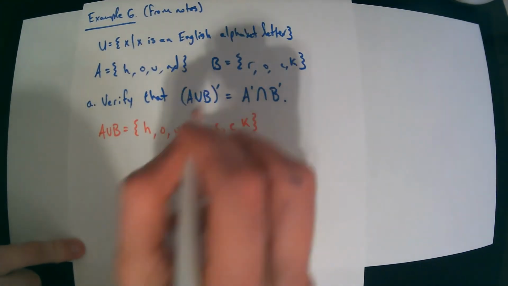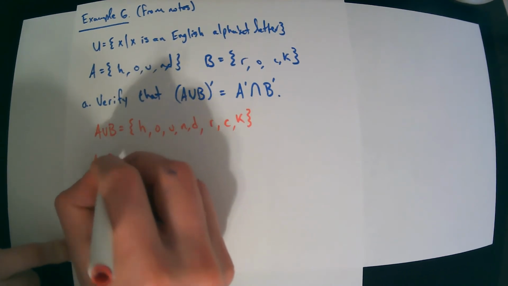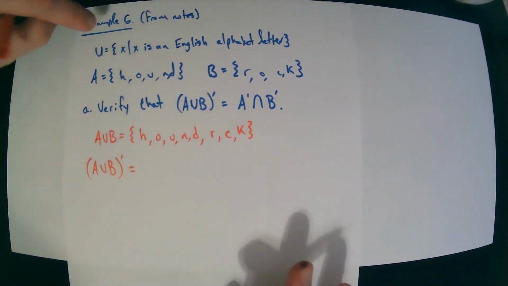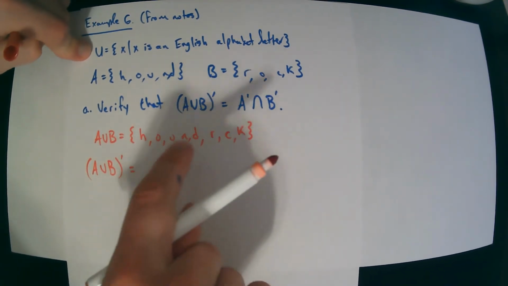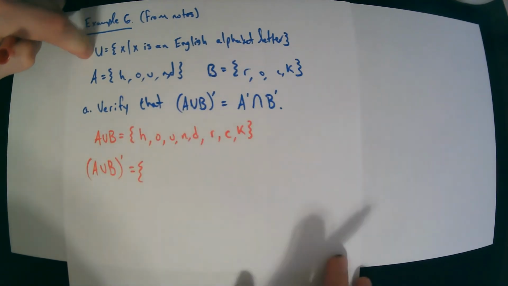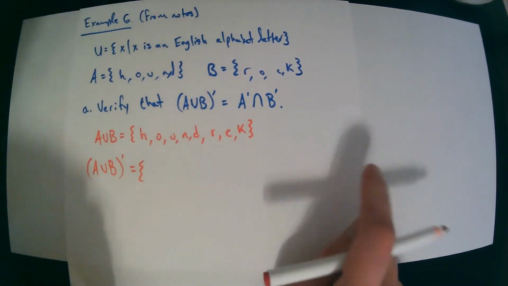All right, there's A union B, but I need its complement. I need the complement of this new set. Remember, the complement is all the things that are in the universal set that are not in this set. So this is going to be a little bit tricky. I'm going to write the entire alphabet, but I'm not going to write these.